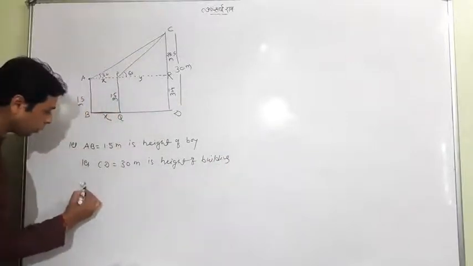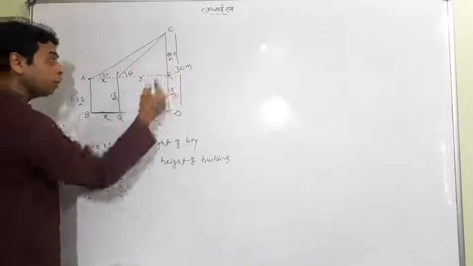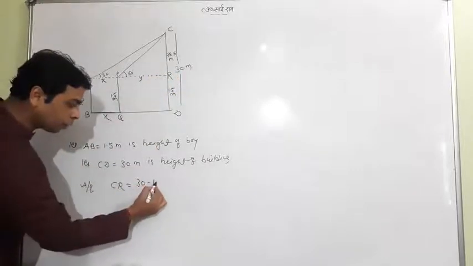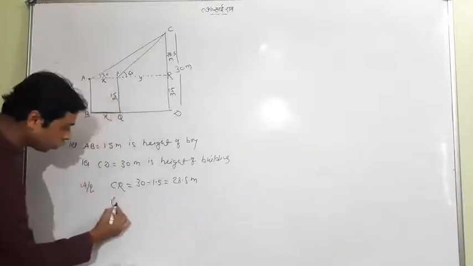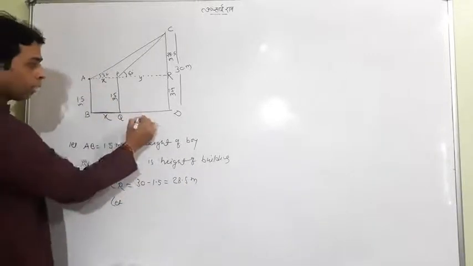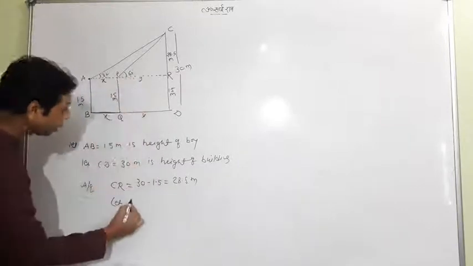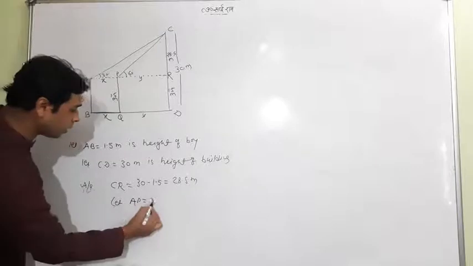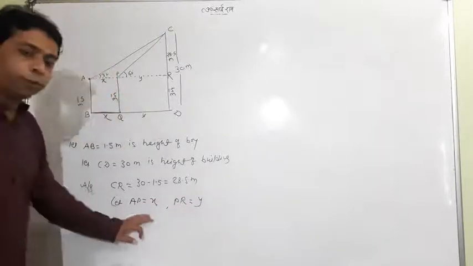As per the question, CR will be 30 minus 1.5, meaning 28.5 meter. So let BQ be y, it is also y. Let AP be equal to x and PR equal to y, and we want to find the value of x.